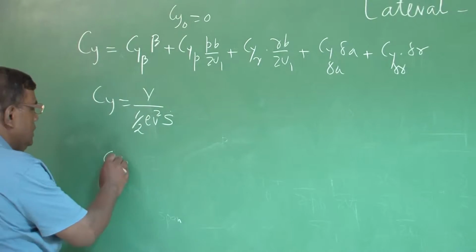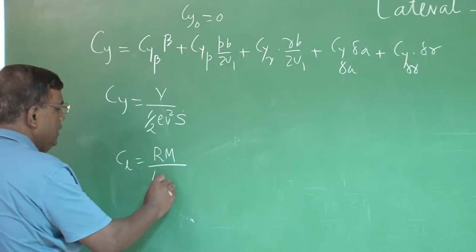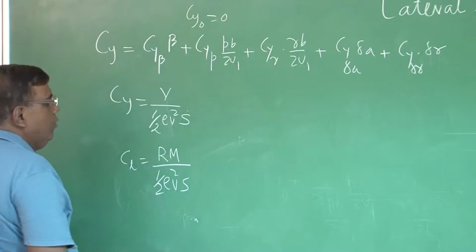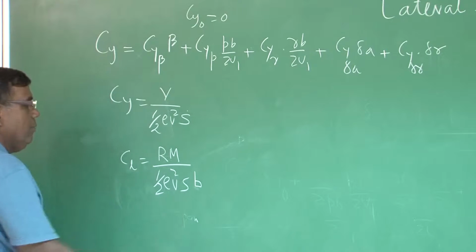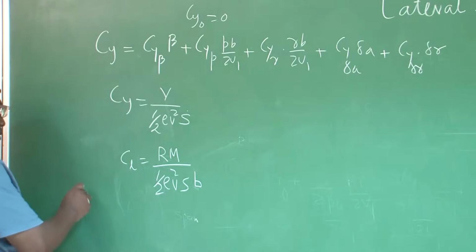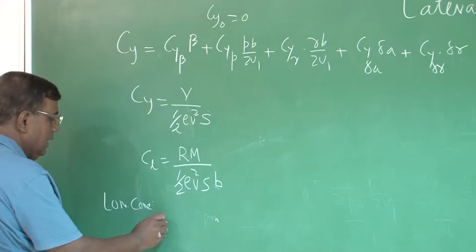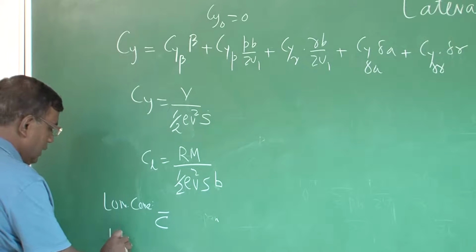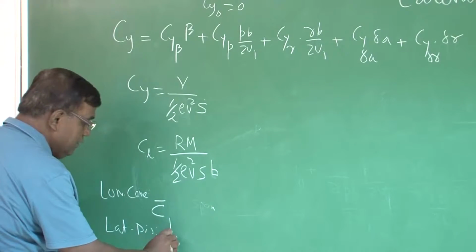What is Cl? Cl is rolling moment non-dimensionalized with half rho V squared S, but it's a rolling moment, so a length term is required, so it is b. Please note that for the longitudinal case, the characteristic length was c bar, but for the lateral directional case, the characteristic length will be the span b.